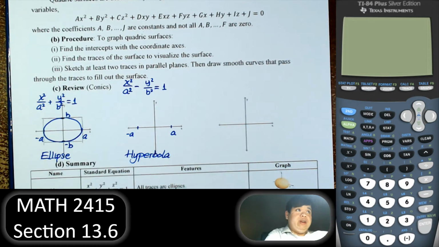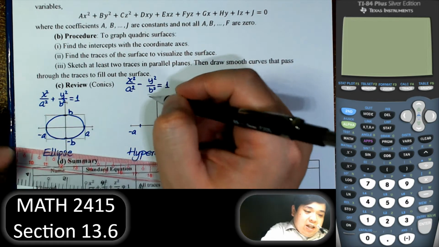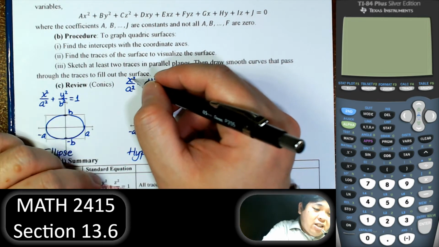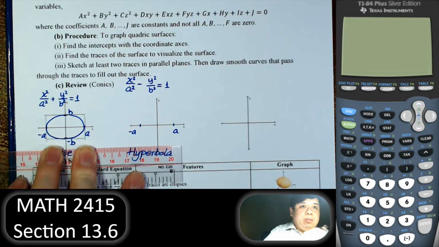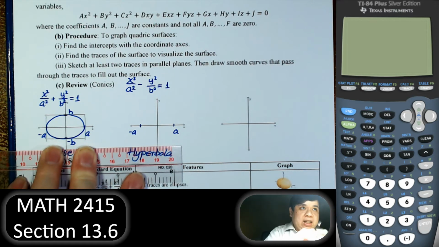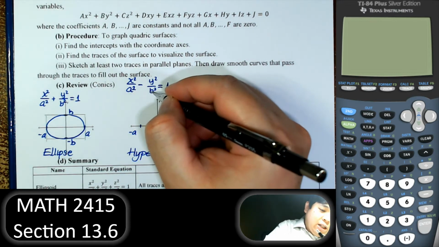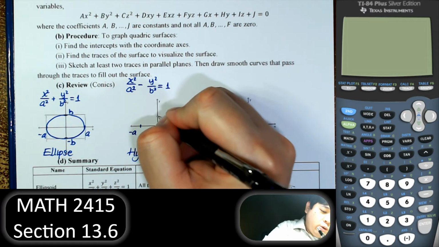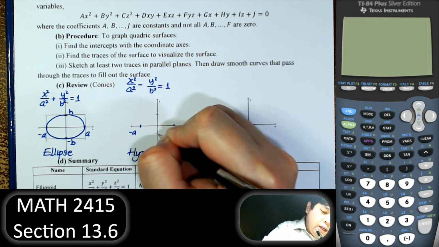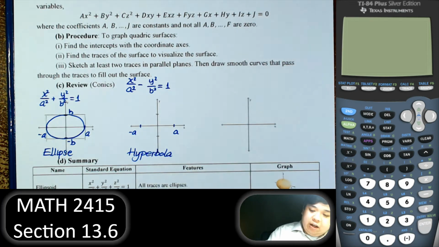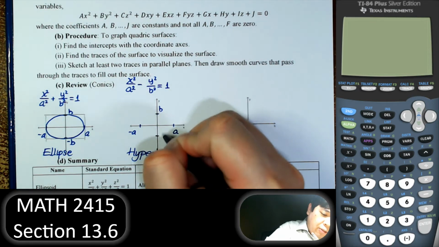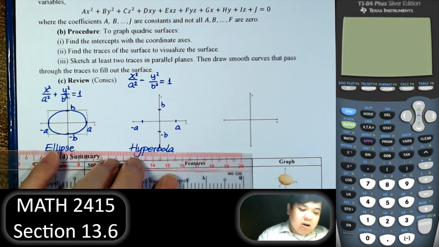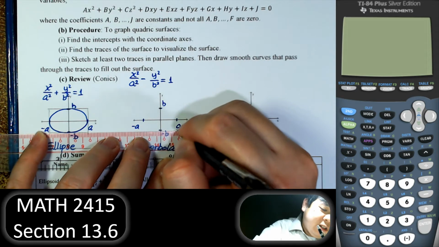A squared below x squared, so we'll go negative a and a on the x-axis. Same thing, b squared below y squared, so we'll go negative b and b on the y-axis, and then just draw a box.